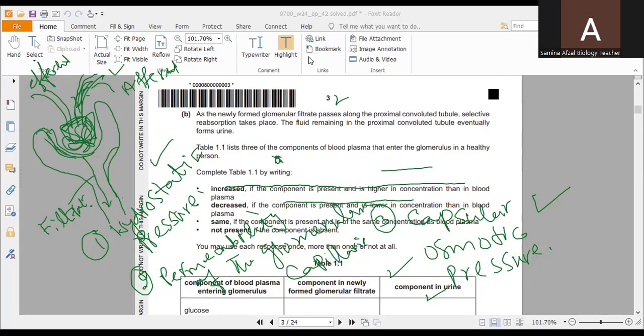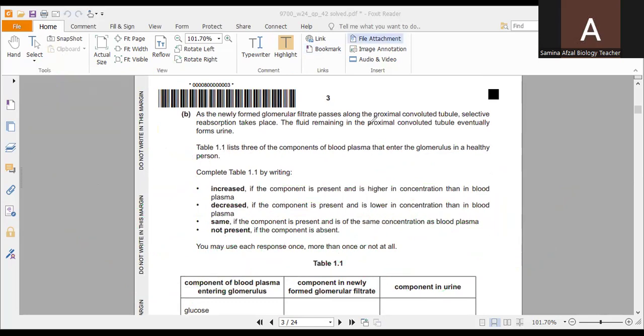The newly formed glomerular filtrate, after filtration, passes along the proximal convoluted tubule, where selective reabsorption takes place. The fluid remaining eventually forms urine. The filtrate has glucose, amino acids, and water in it.